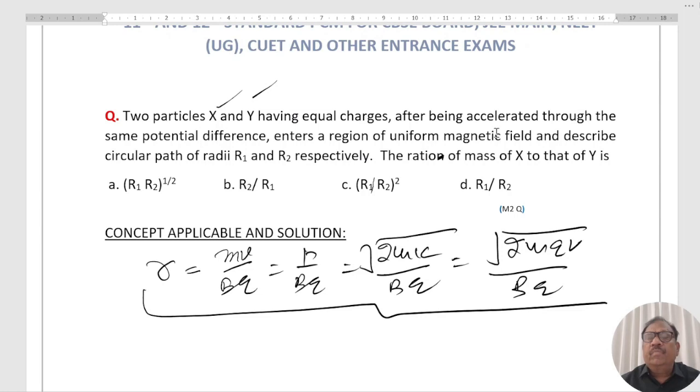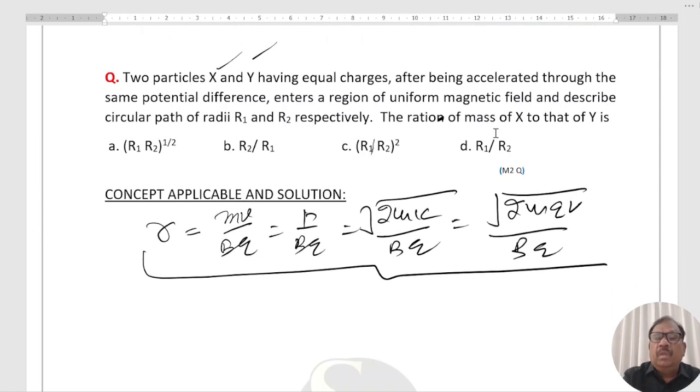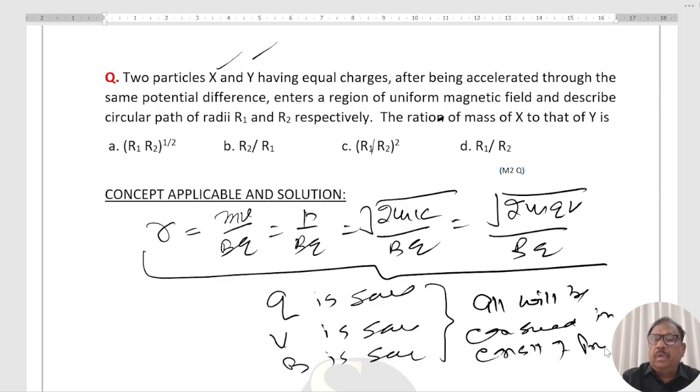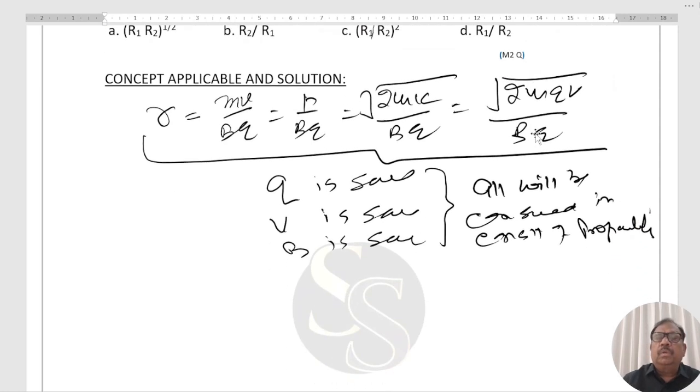In this case, V is same, Q is same, and B is also same. All will be consumed in the constant of proportionality.